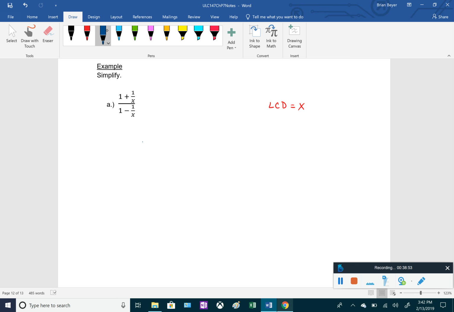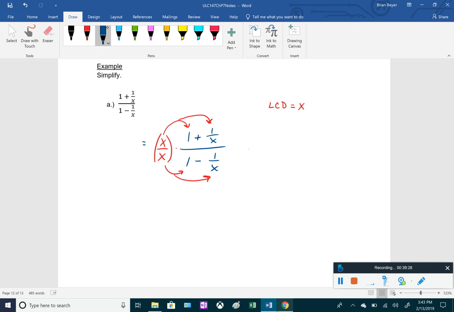So what I'm going to do is rewrite it, 1 plus 1 over x over 1 minus 1 over x. What we have to do is multiply the x to all 4 of those little terms in here. The reason we can do that without changing anything is that we're technically multiplying this by x over x, and it gets distributed to both terms in the numerator and both terms in the denominator.